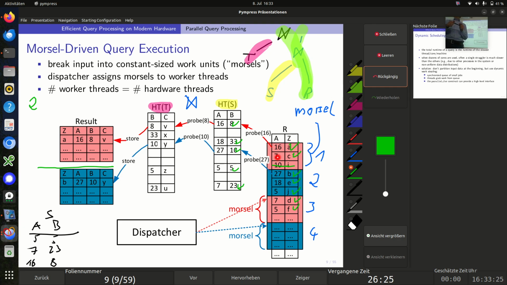Yeah. So actually it's just work stealing. Morsel-driven is just a nice keyword for advertisement, but actually how we would call it instead would be work stealing. So morsel-driven is the same as work stealing, but for database systems.